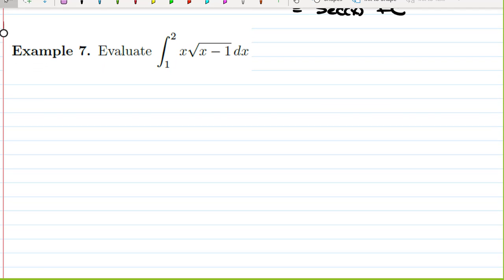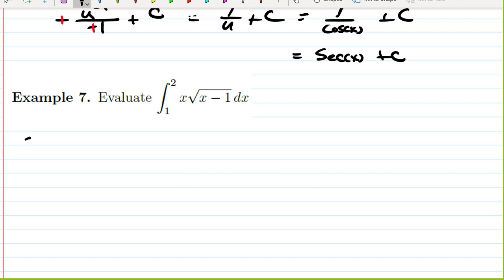So we wish to evaluate, and in this one we're going to see a slightly different technique. So we notice that our inside function is x minus 1. So that suggests we pick u equal to x minus 1. Then we take our derivative. In this case, du is going to be the same as dx.